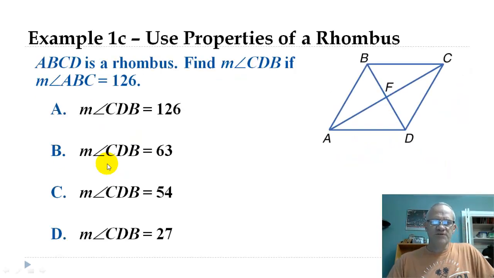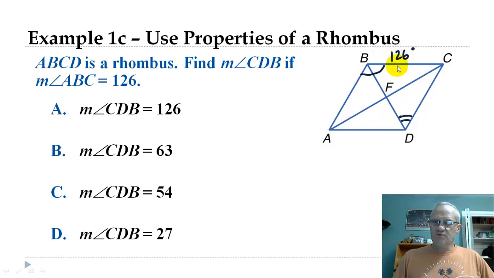All right, example 1c. ABCD is a rhombus. Find CDB. So CDB is this angle right here. We're trying to find this one, if ABC is 126. So we're trying to find this one here. If ABC, this whole thing here, is 126. So that one is 126.